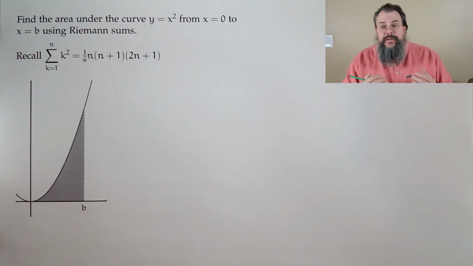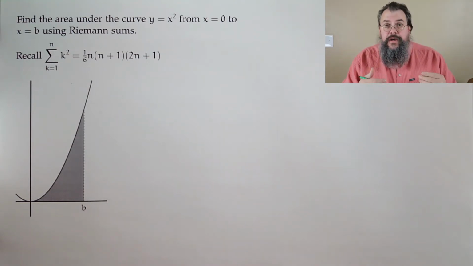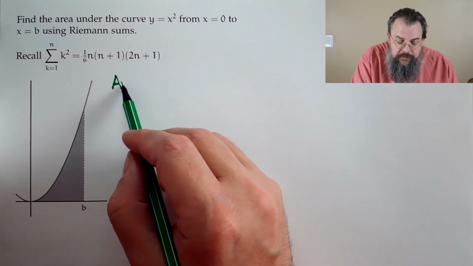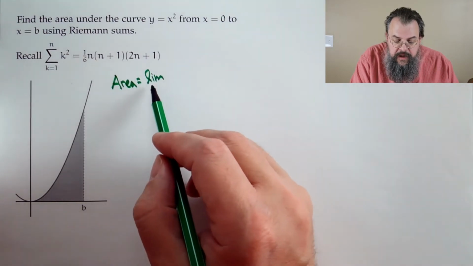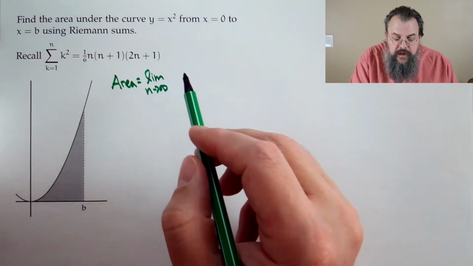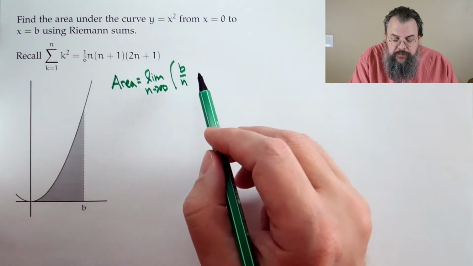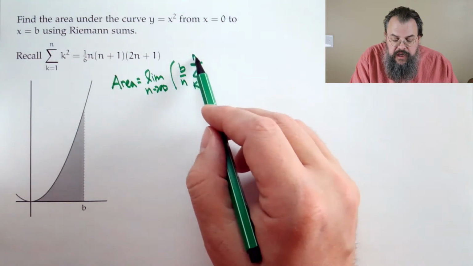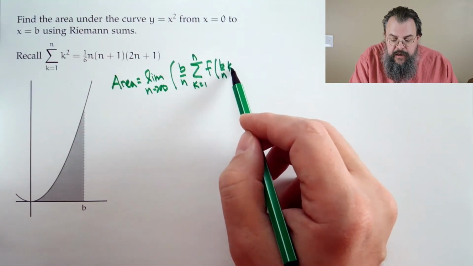So we say, okay, what do we do? Well, we go and do our Riemann sum. So our area is our limit as n goes to infinity of, we have the width, b over n, then there's this sum, k equals 1 up to n of f of b over n times k.